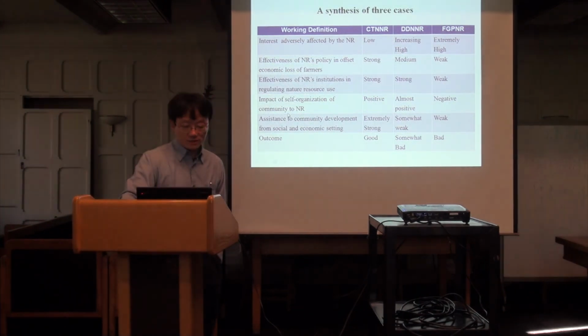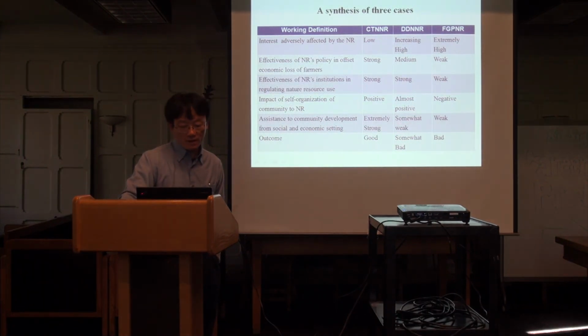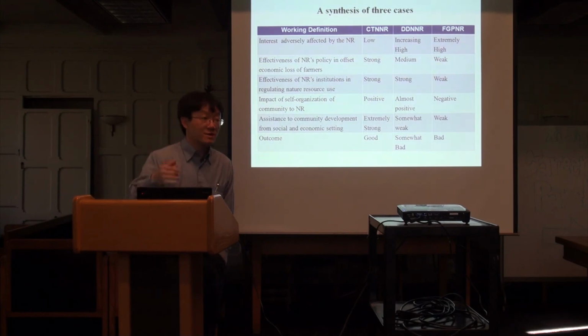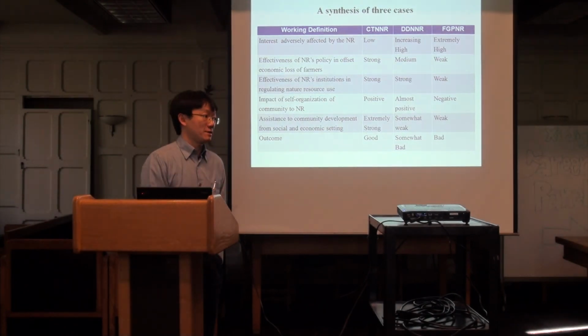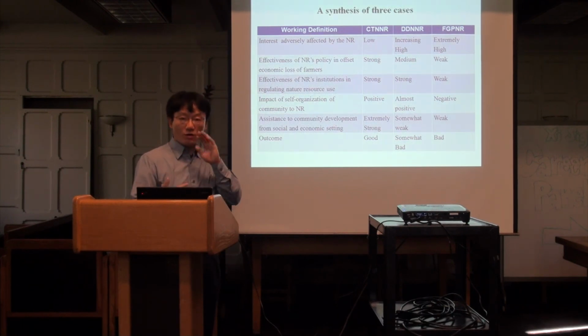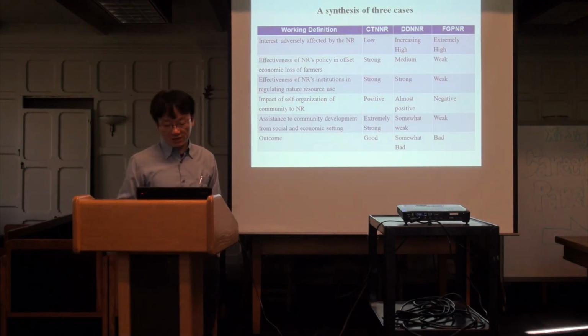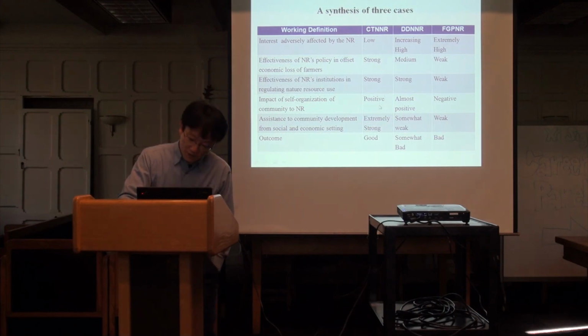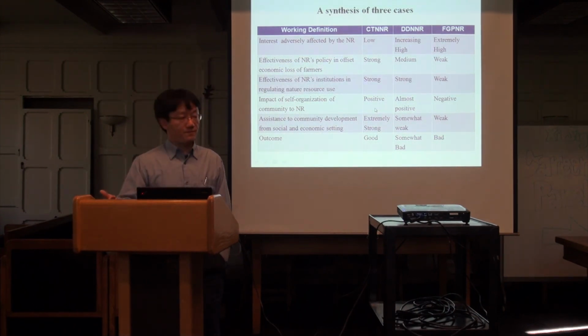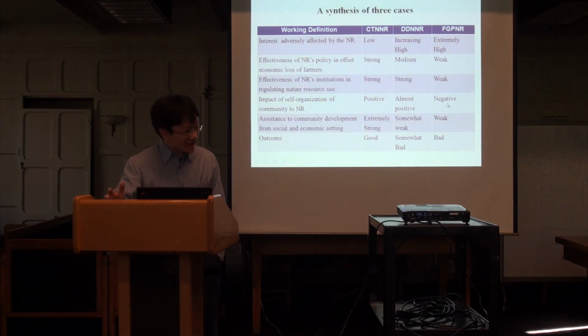The fourth aspect is the impact of the self-organization of the community on the nature reserve. Self-organization means governance at the community level, and how effectively the community operates. You might find that for the first one it is very positive, and for the third one it is very negative.